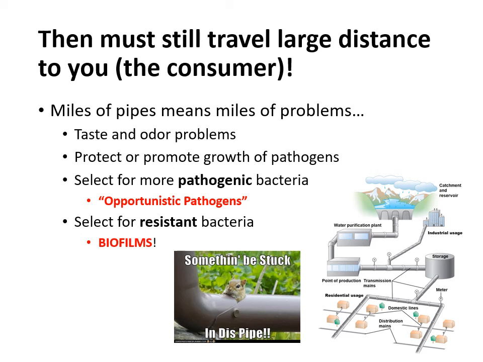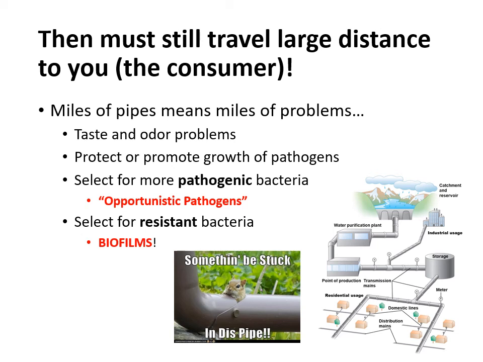So as this water is trying to make its way to your house, ultimately these long distances of pipes select for pathogenic bacteria. And think about it, what do opportunistic pathogens mean? It means that bacteria that normally might not be a problem, might be in very low concentrations, well, now they have a beautiful resource-rich environment to grow.